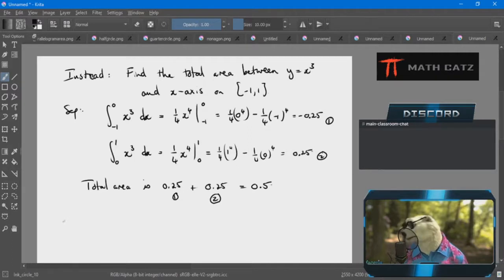So how do I spot that? When and where do we need to split it up like this?